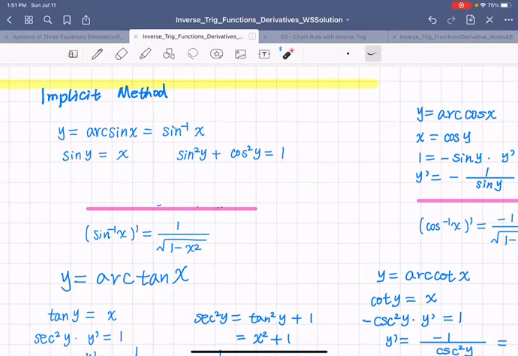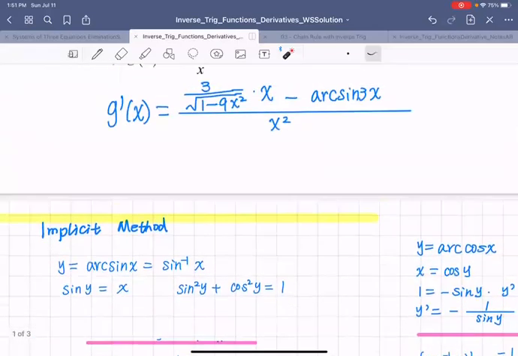Use the implicit method. This guy's derivative is cosine y. y is also a function of x, so y prime. x's derivative is 1. Go ahead, based on this information, calculate the sine inverse function derivative. And if you finish, send me a message saying you finished, okay? Let's see who can get it correctly.